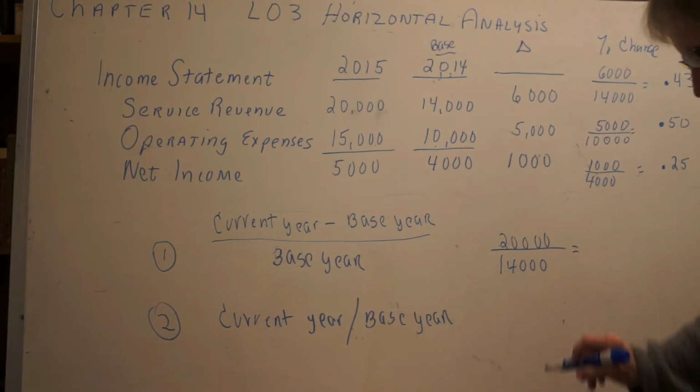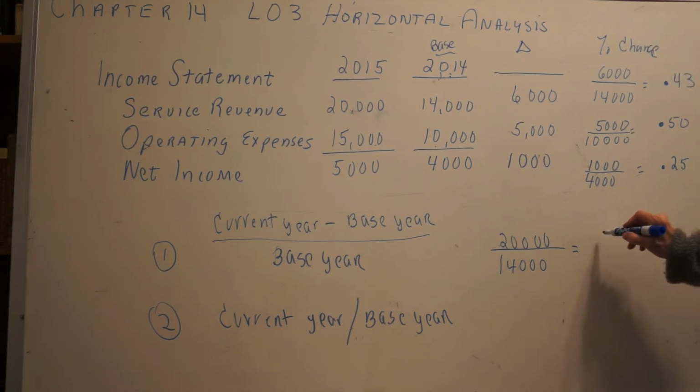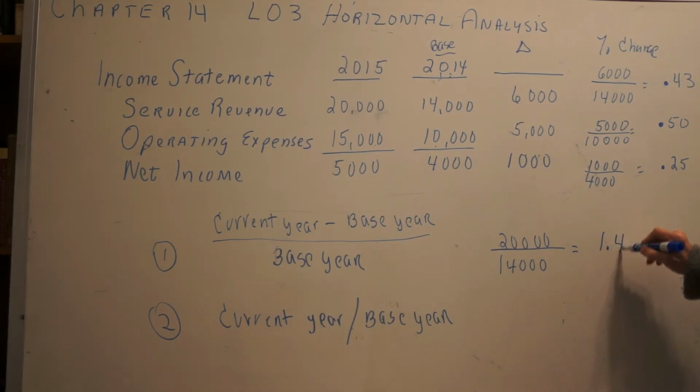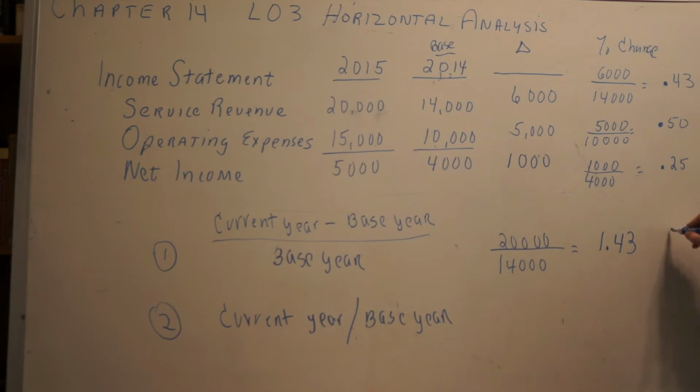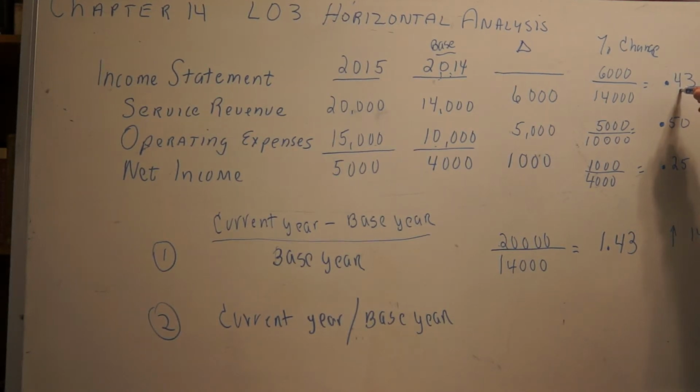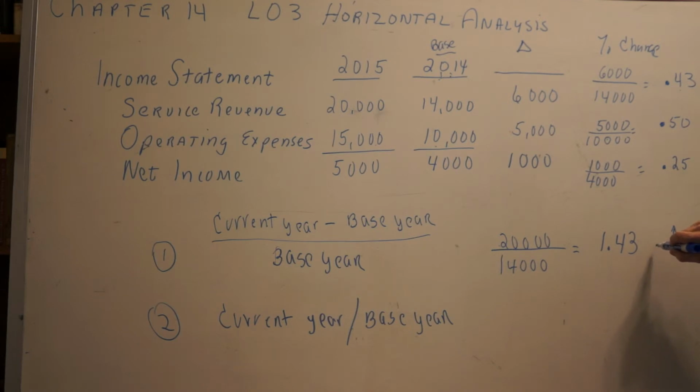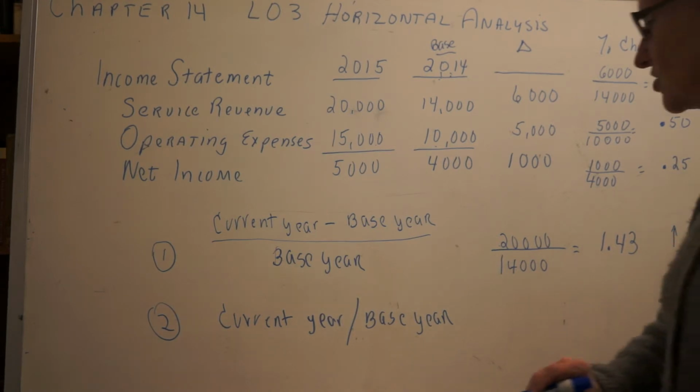And when we do that, we would find that we had a 1.43 increase, or it would have increased 143%. Okay? You notice that you can express it in terms of the change. It was a 43% change, or this year is 143% of the base year.